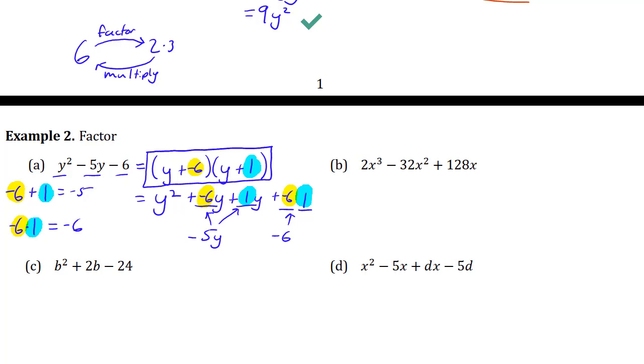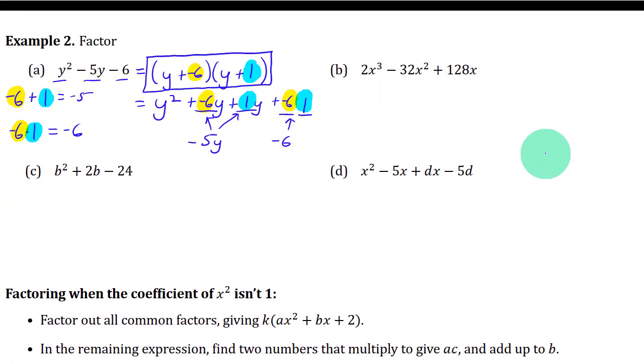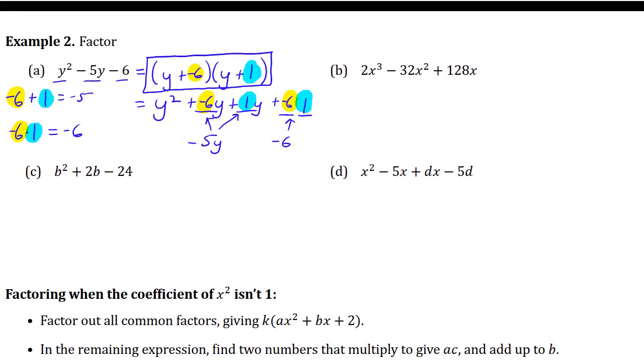This doesn't work so well here because it's a little confusing, but there's a trick. You always want to start by factoring out common factors. All of these have a 2 in them, and they all have an x in them. So the first thing you can do is write this as 2x with whatever's left over.